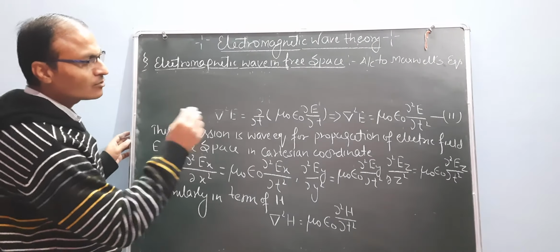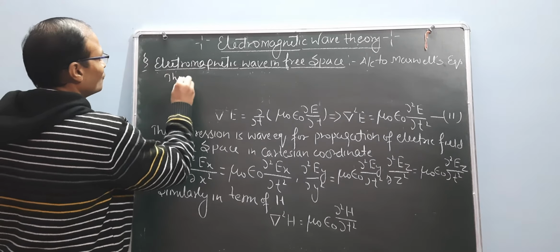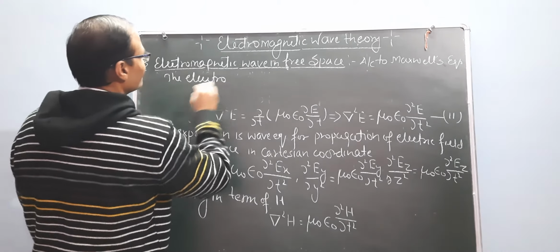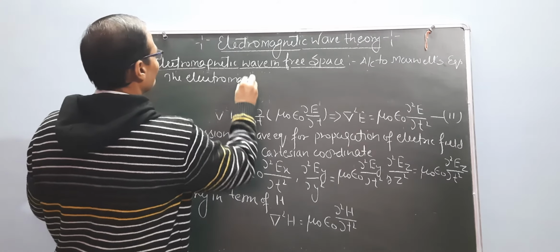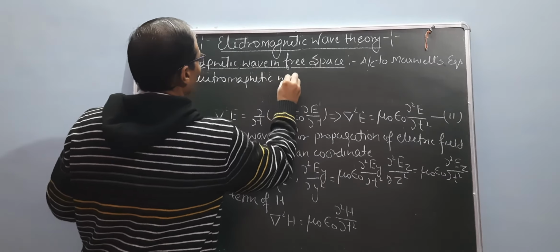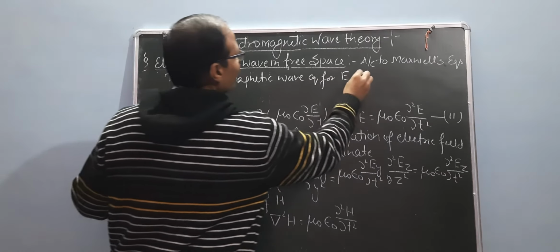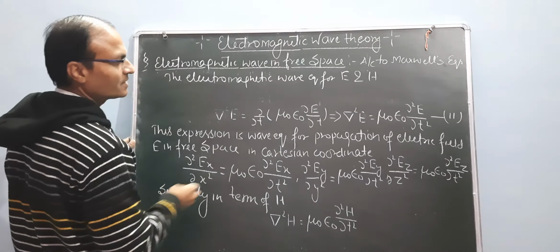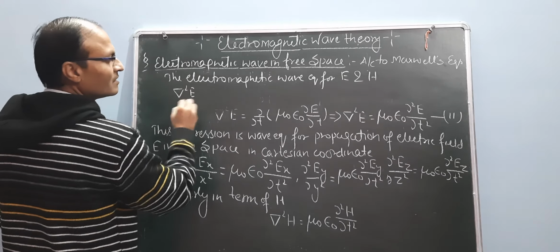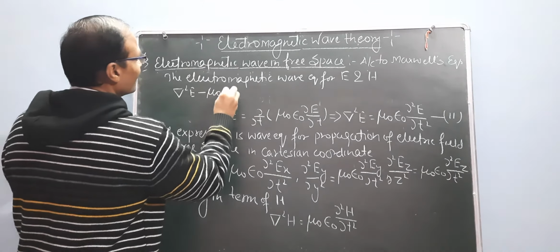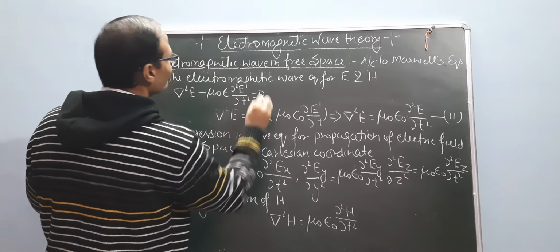Now the electromagnetic wave equation for electric field E and magnetic field H is del square E minus mu naught epsilon naught del square E upon del T square equal to 0.